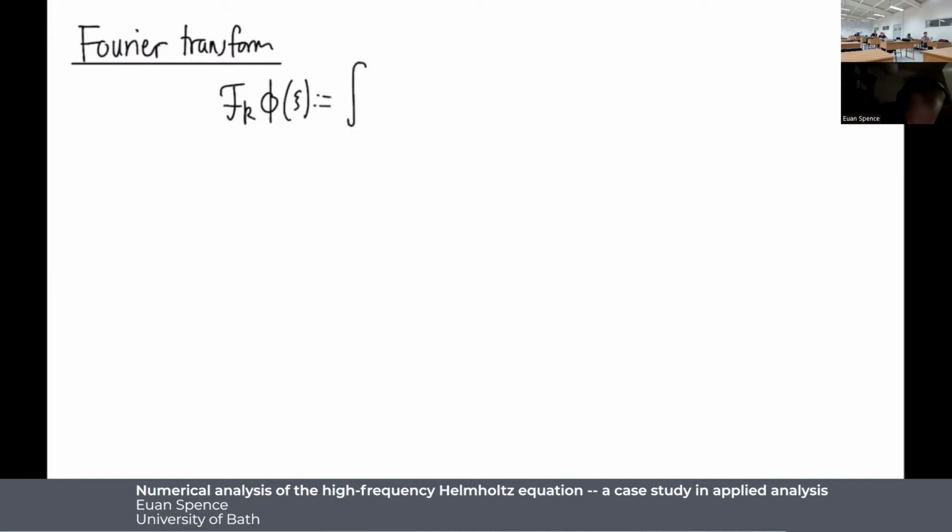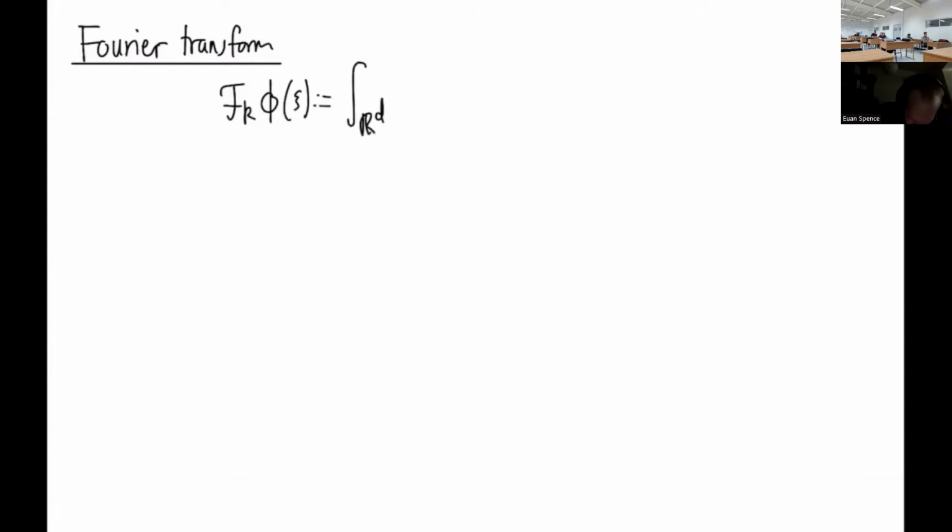So I'm going to define the Fourier transform, but I'm going to weight it with k. This is just the usual definition of the Fourier transform, but I've stuck this k variable in here, and so I'm calling this f sub k.